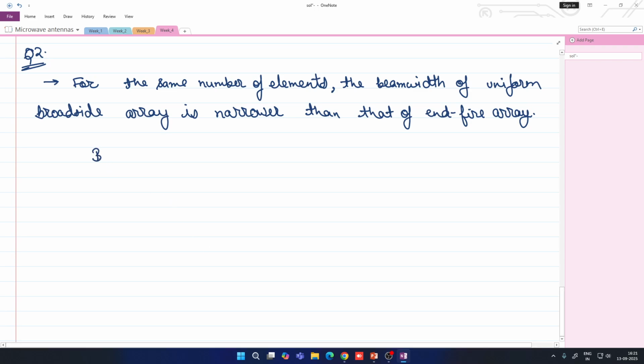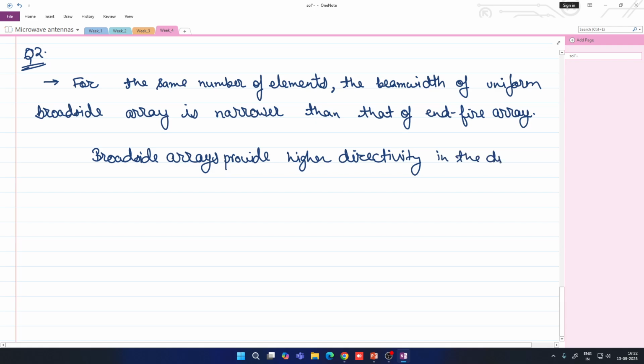Broadside arrays provide narrower beams with higher directivity in the direction that is normal to the array axis.